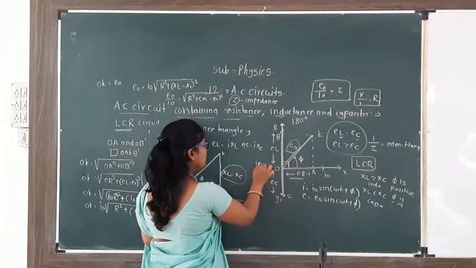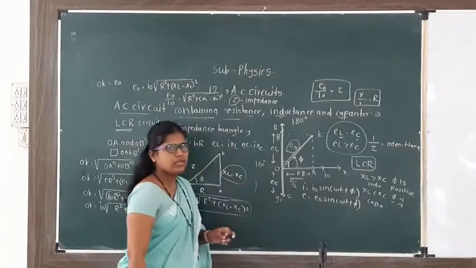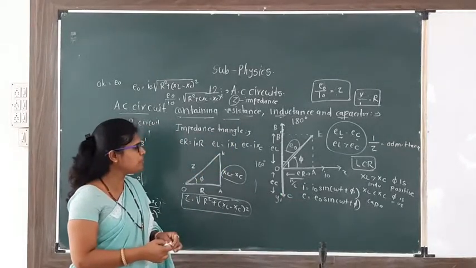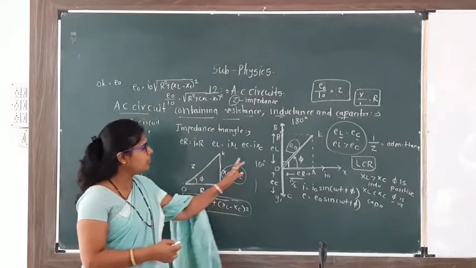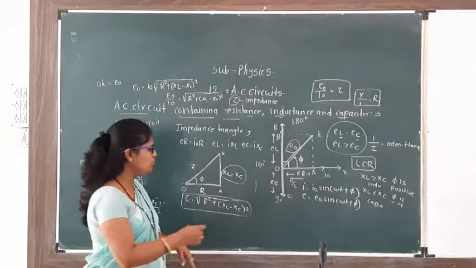Their phase difference is pi by 2. Inductance and capacitance have a phase difference of 180 degrees. You already know how to draw the phasor diagram like this.